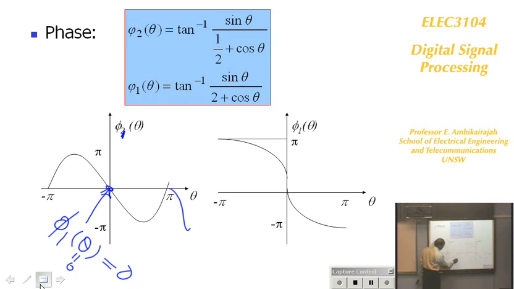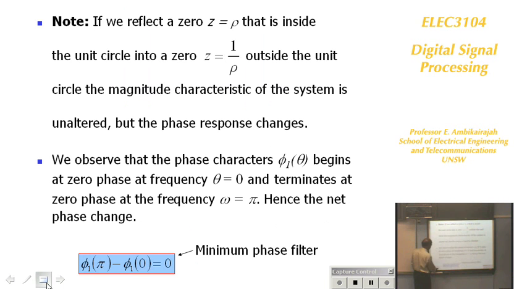At that point, phase 1 at pi is equal to 0. So if you subtract this one from that, the difference is 0. So you will find that for a minimum phase filter, this is true. It doesn't need to be 0. In some cases, when you subtract this, it will have a smaller value. But I'll come back to that in a minute.